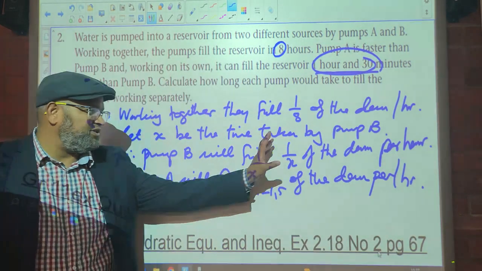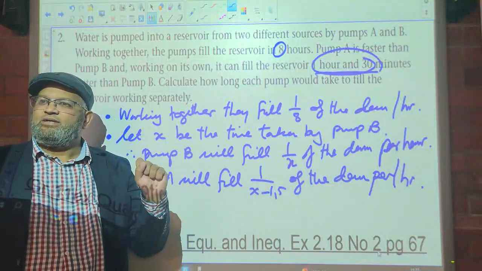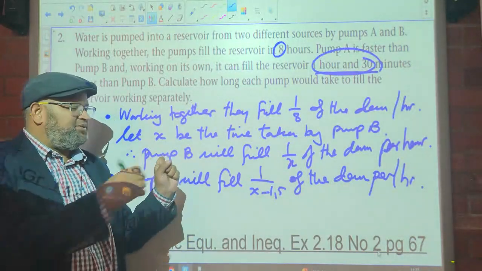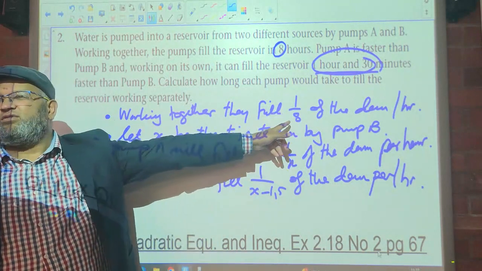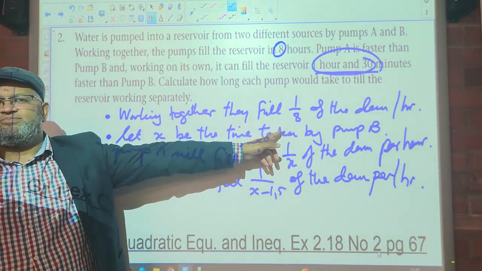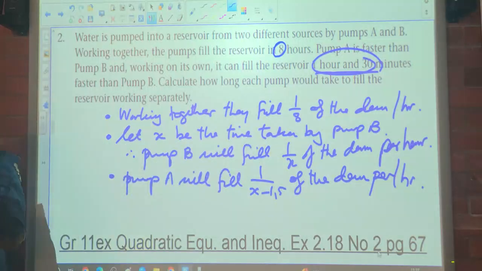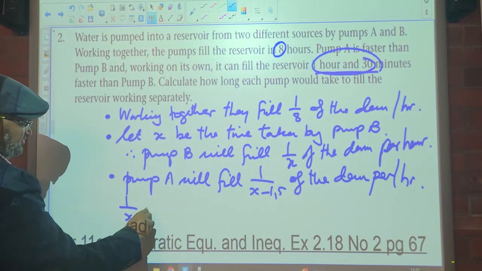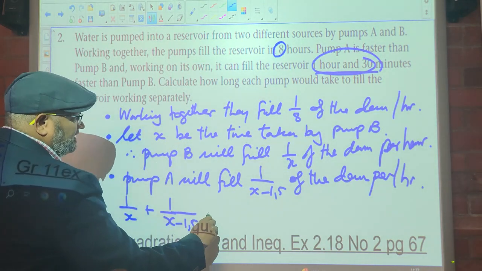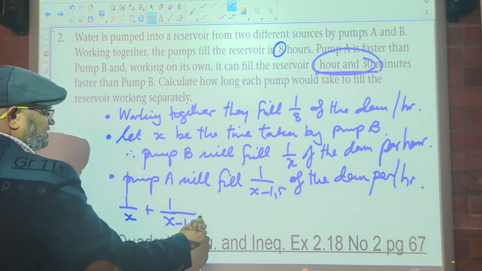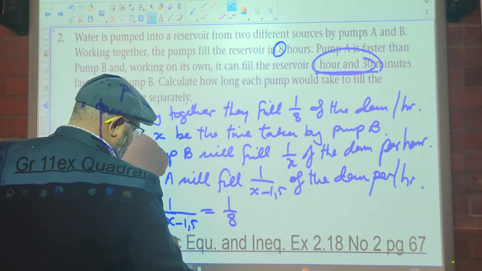Remember, if I now take whatever pump A will fill of the dam and pump B will fill of the dam, if we add them together, they must give an answer 1 over 8 of the dam. So that is simply 1 over x plus 1 over x minus 1.5 or 3 over 2 should be equal to 1 over 8.